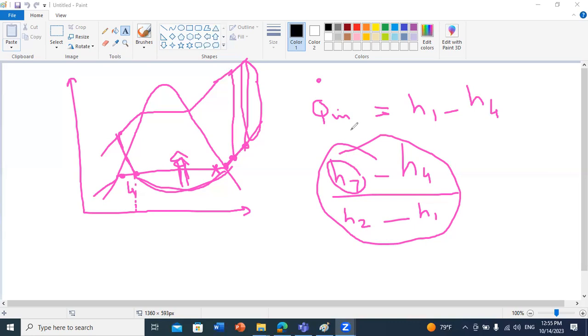Plus, we can also have a problem on heat transfer, involving generation, conduction, convection, radiation. We should know how to write the energy balance and how to solve for steady and unsteady cases, etc.